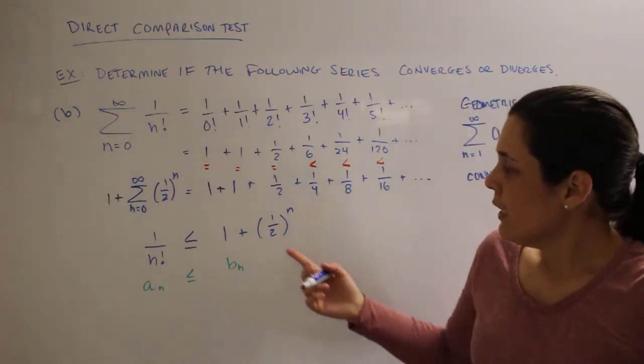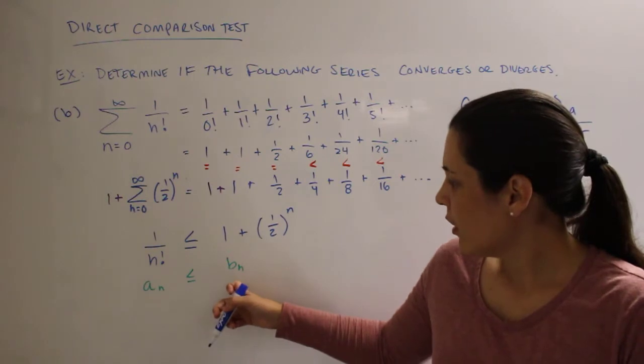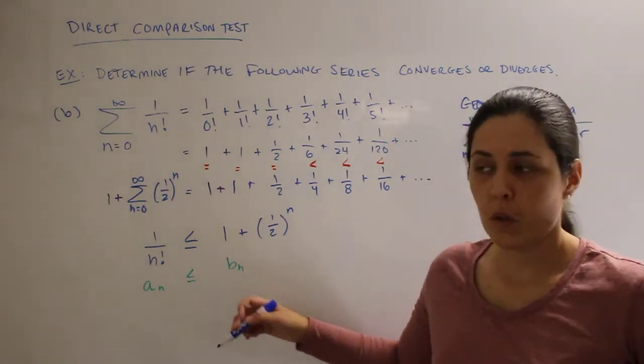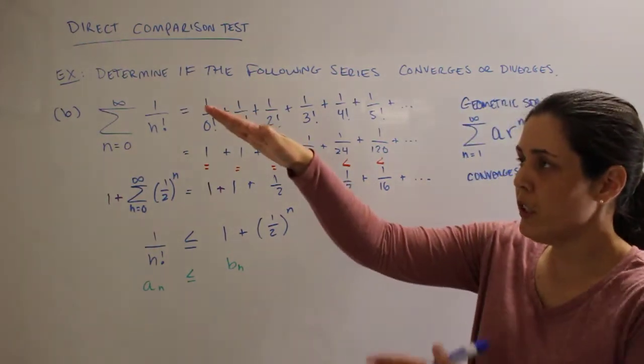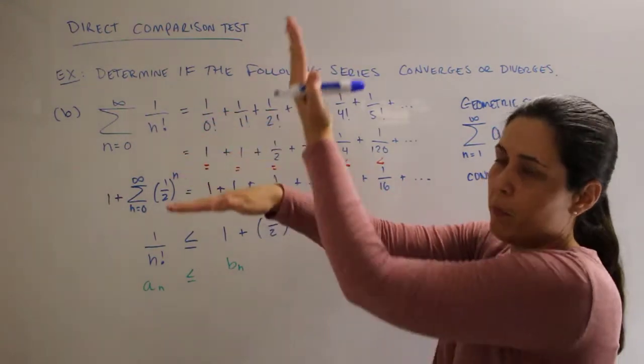But the point is that we know that this converges, and this one is the larger series. So if the larger series converges, then the smaller one must also converge. It can't pass it.